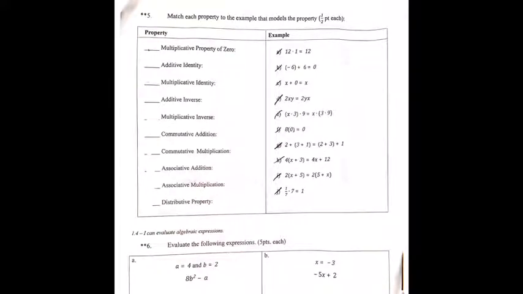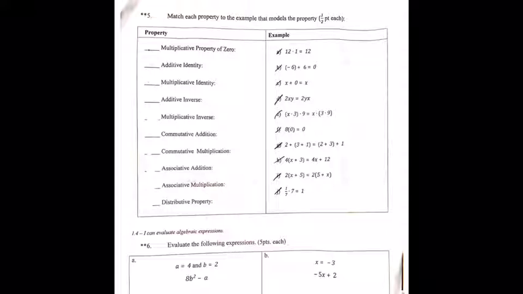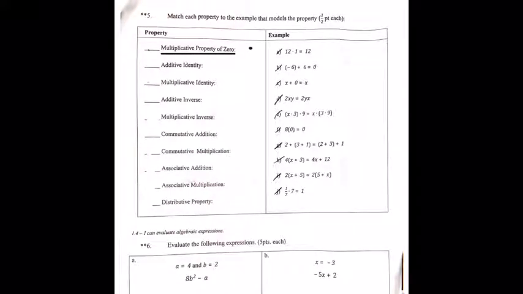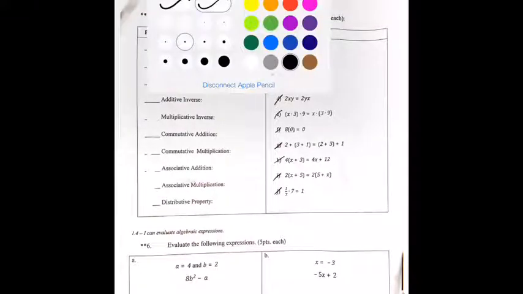This is similar to the example on page 3 that we did in that first week of school. So let's read the first property, multiplicative property of 0. Multiplicative tells me I'm dealing with multiplication. Property of 0 tells me that I'm multiplying by 0.